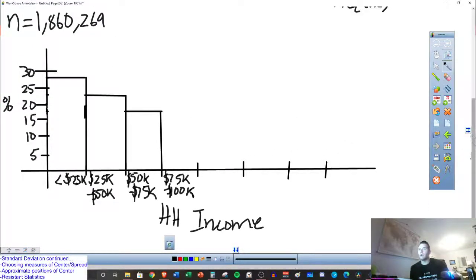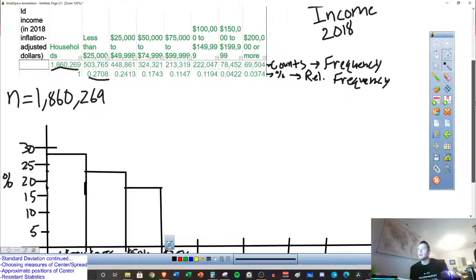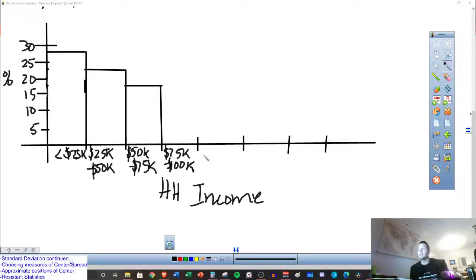I think the next window goes 100 to 150. So this one actually jumps a little bit higher, 100,000 to 150. Then it goes up another 50,000. So 150K to 200K. 1, 2, 3, 4, 5, 6, 7. So here's the seventh one. This is greater than 200K.